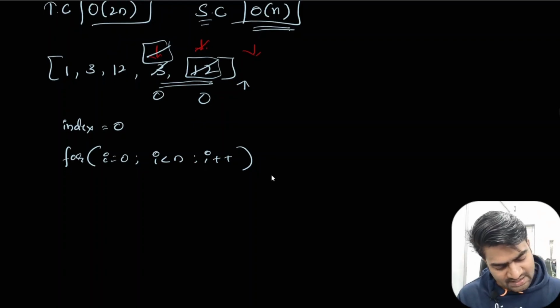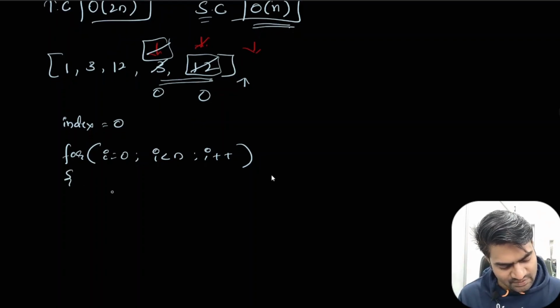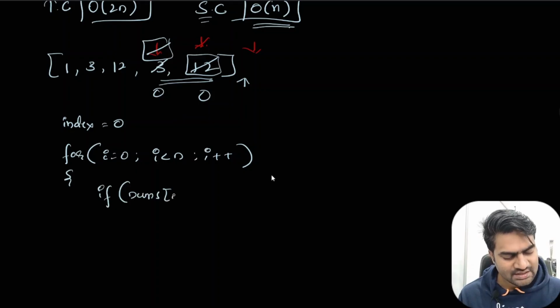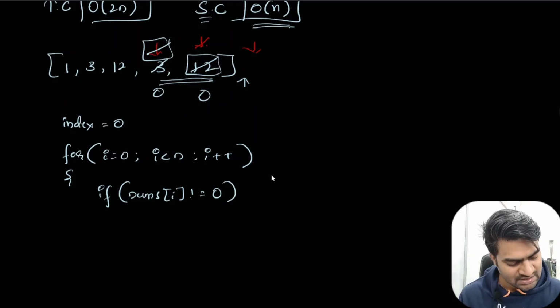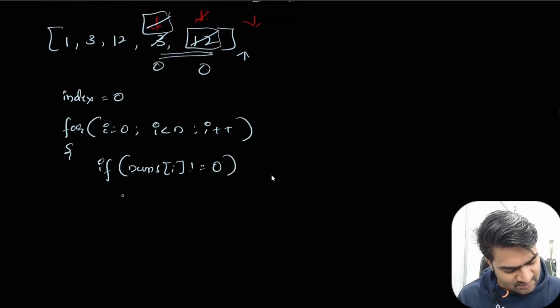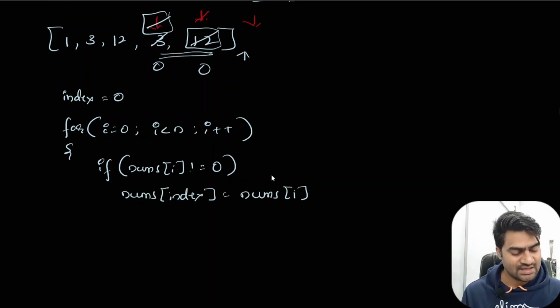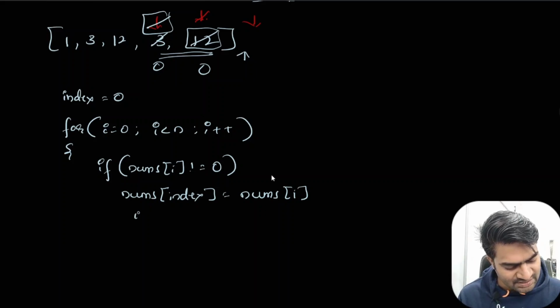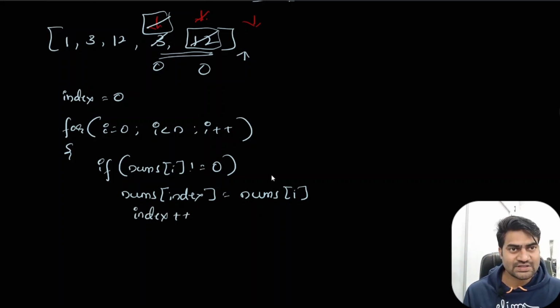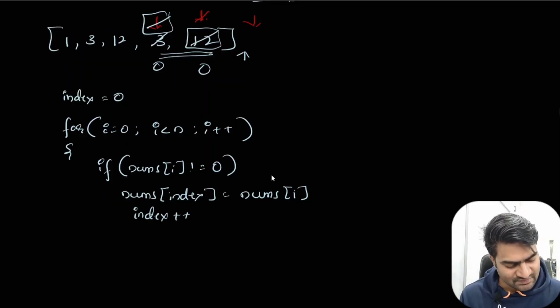Now I will check if nums of i is not 0, then I will say nums of index equal to nums of i. Then after this I need to increment my index pointer as well because it needs to point to the next value.